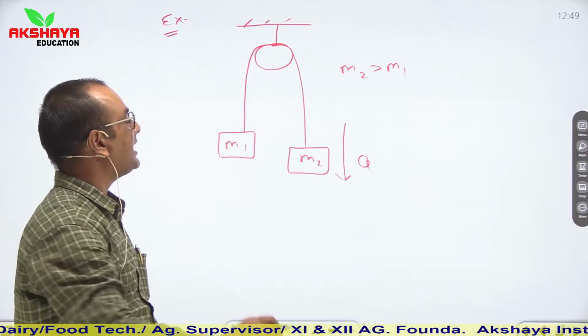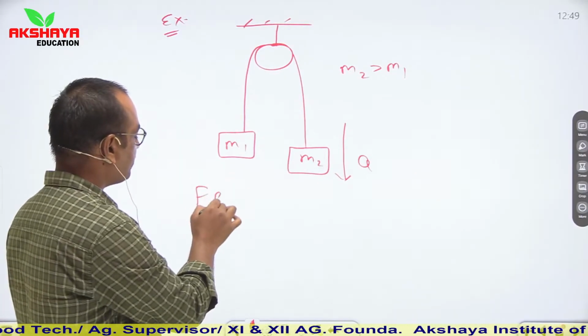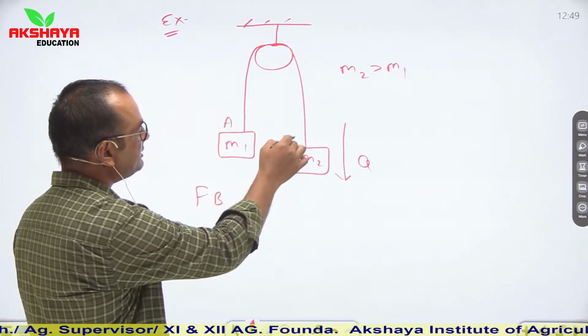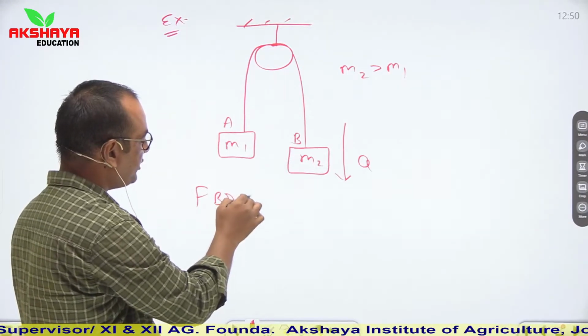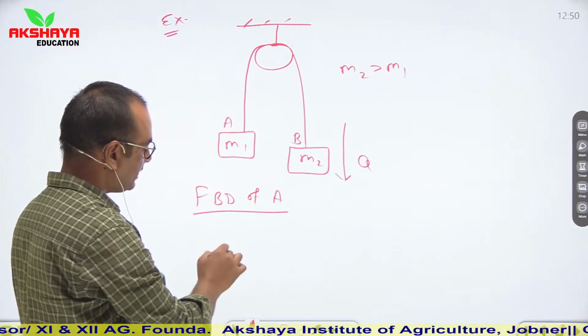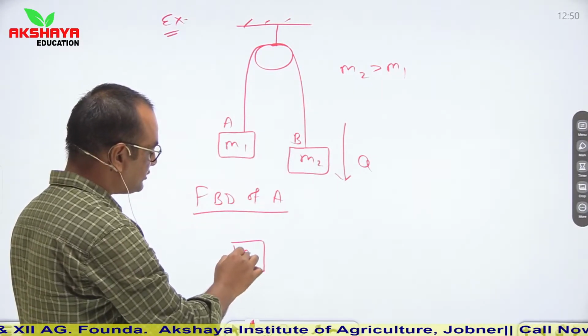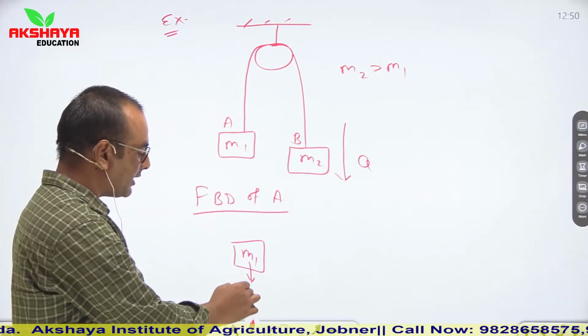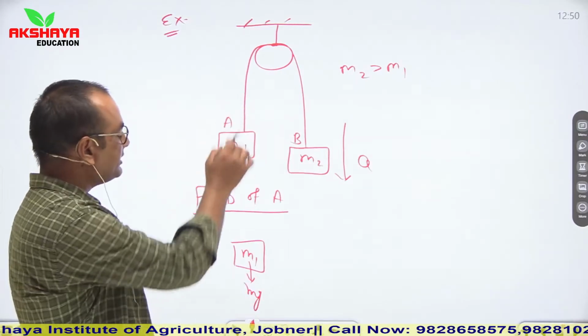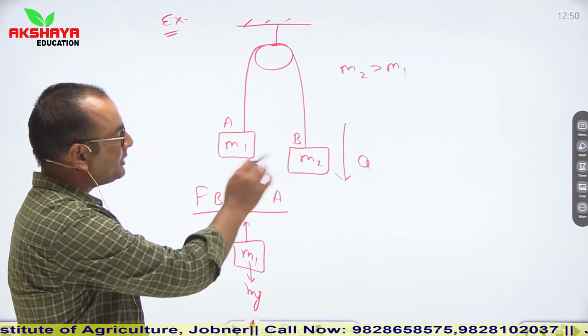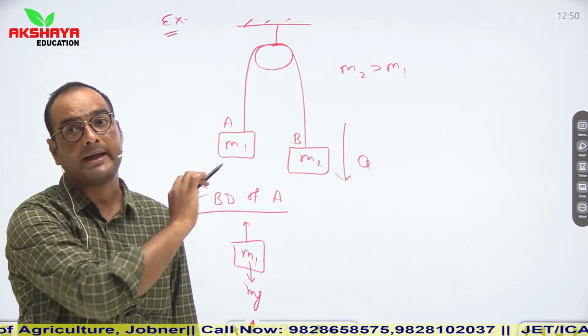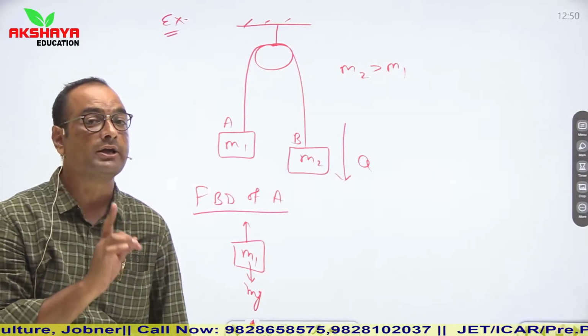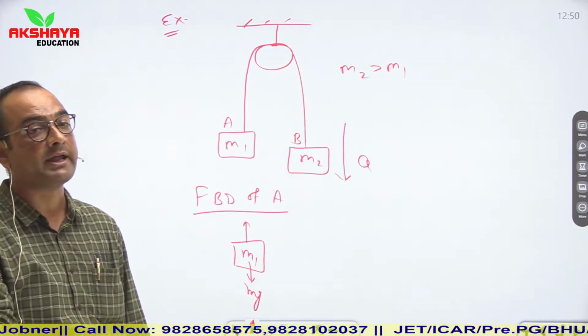So now draw its FBD. Individually draw FBD. Let us say this is A, this is B. So FBD of A, identify net forces on A. So net forces are its weight mg vertically downwards, and tension in the string vertically upwards. Both the objects of mass m1 and m2 are connected by a single string, so they will experience a similar amount of tension.